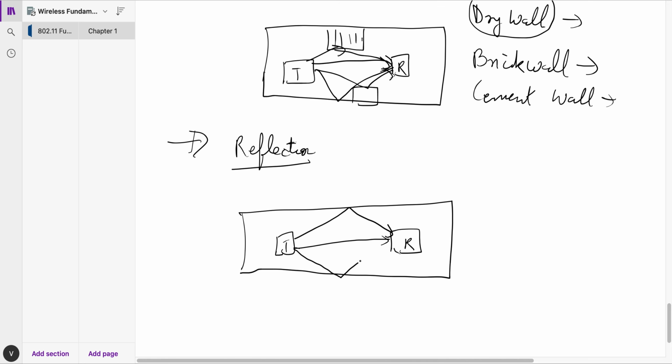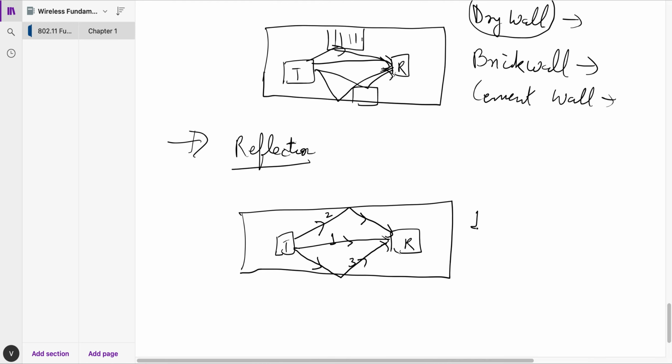This wave can fall onto the walls, onto plane surfaces, onto the glass, and can go to the receiver in different ways, in different directions. And of course, let's say this is wave number one, this is wave number two, this is wave number three. Reflection can happen mostly in the indoor environment, like a classroom or an office room, where you have multiple places where reflection can happen.